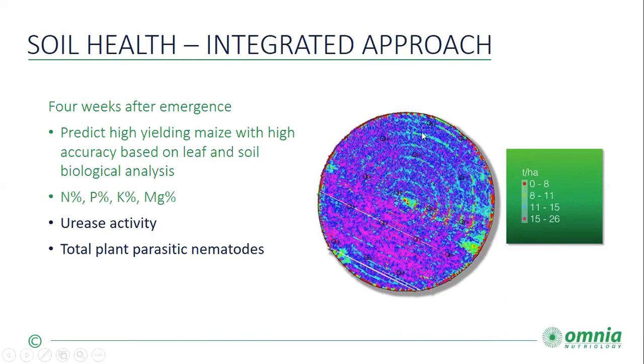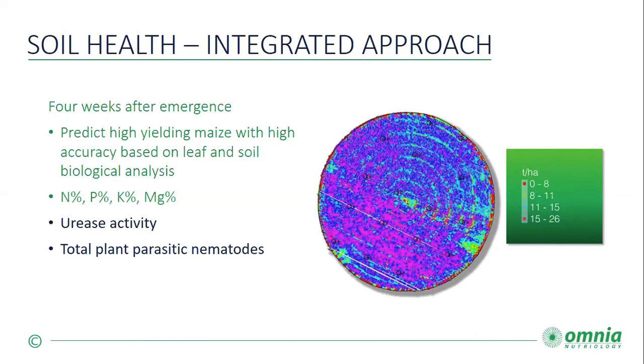And I'm not sure if you can see clearly in this image of the pivot, but you'll be able to see by the little black circles where the samples were actually taken throughout the course of the growing season. Now, nitrogen, phosphorus, potassium, and magnesium being able to determine the yield is not new. This isn't news.